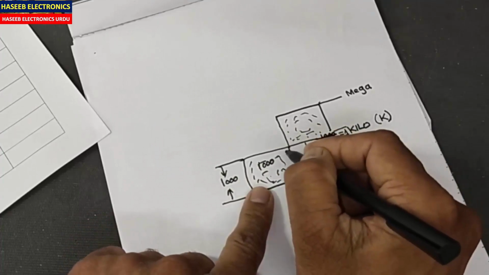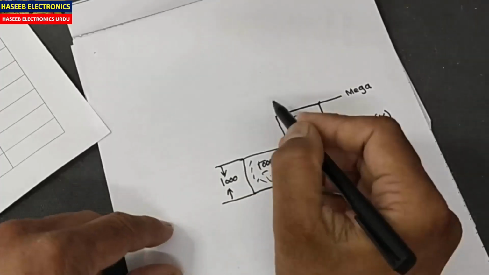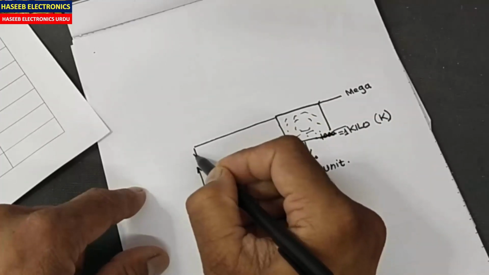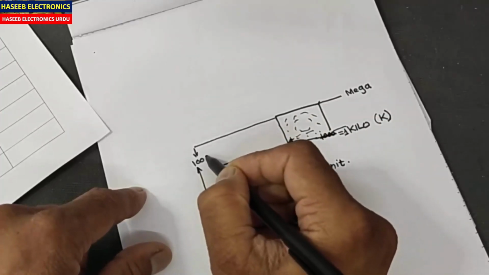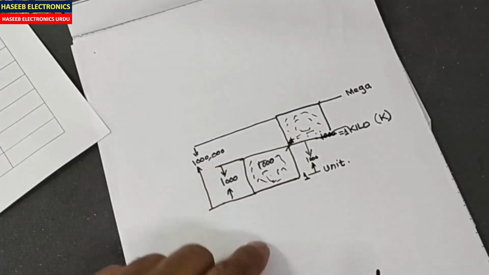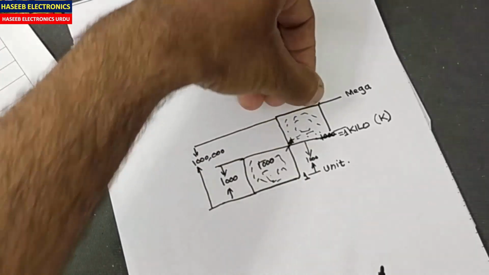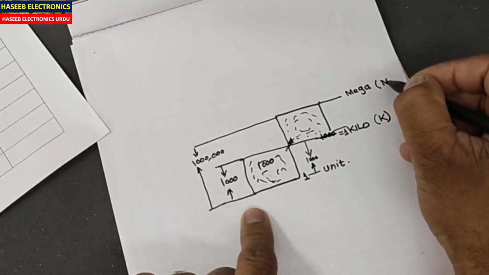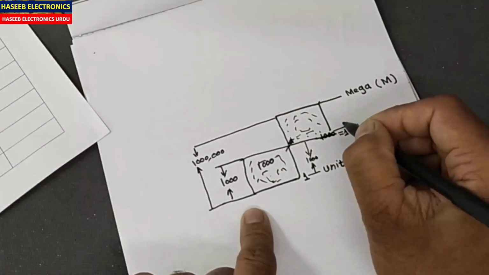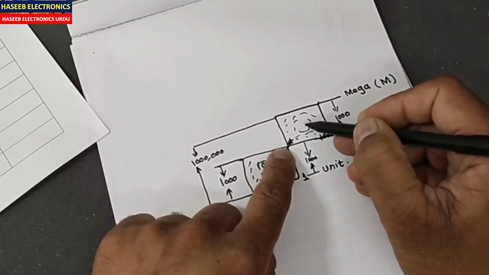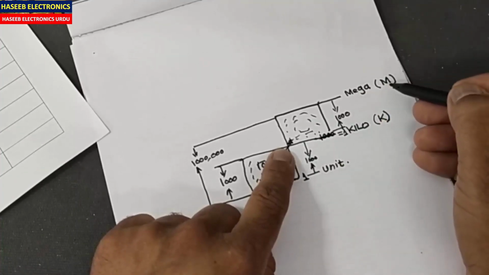From this point to this point, it is 1000 units, 1000 kilo, which is 1 million. So at this level we have 1 million units. Mega is defined as M. We filled 1000 kilo here, and it will be called 1 mega.